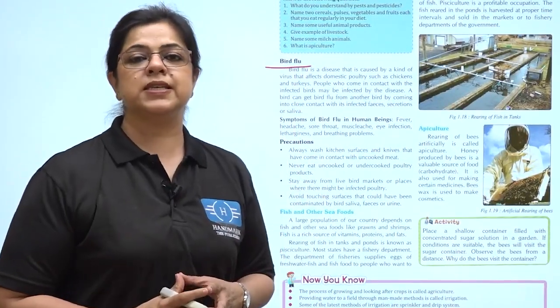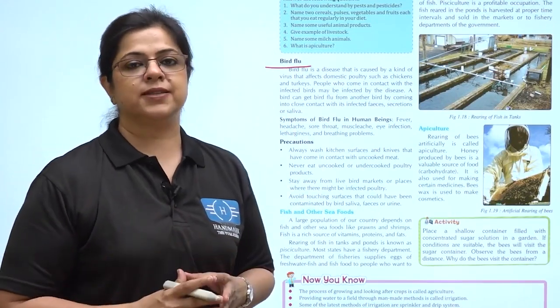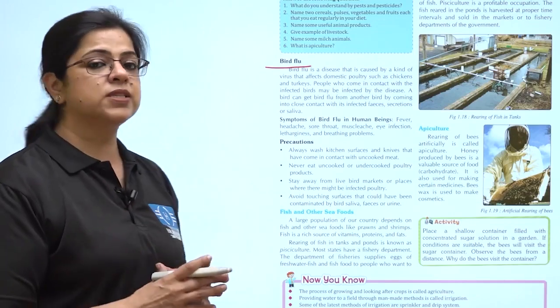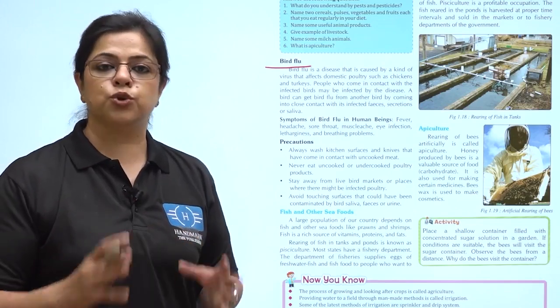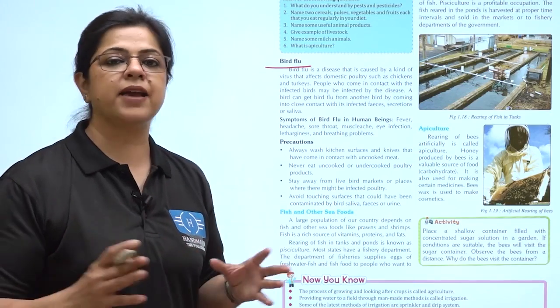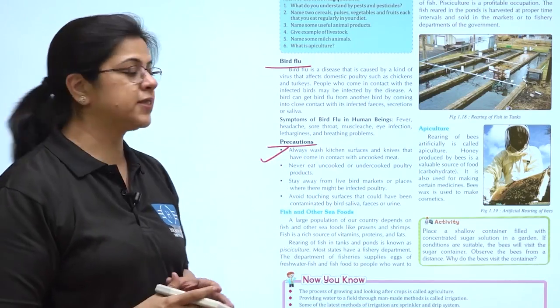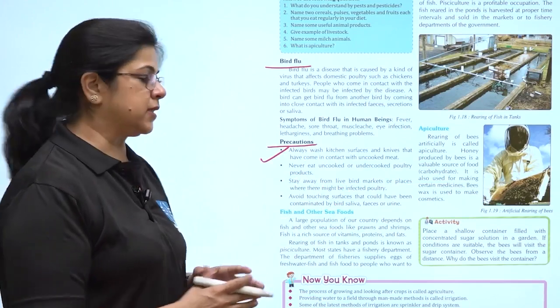Next, let us understand about bird flu. Bird flu is a disease that is commonly found in birds. If infected, human beings can also catch the same disease. Certain precautions need to be taken in order to avoid bird flu for those who are handling birds on an everyday basis. Always wash the kitchen surface and knives that have come in contact with uncooked meat.